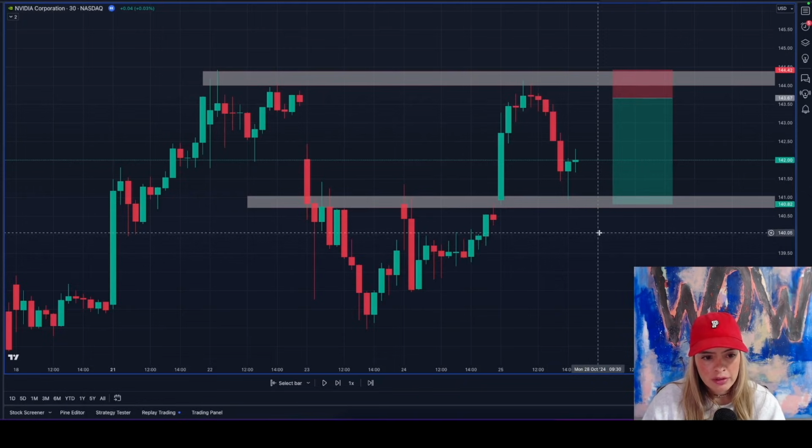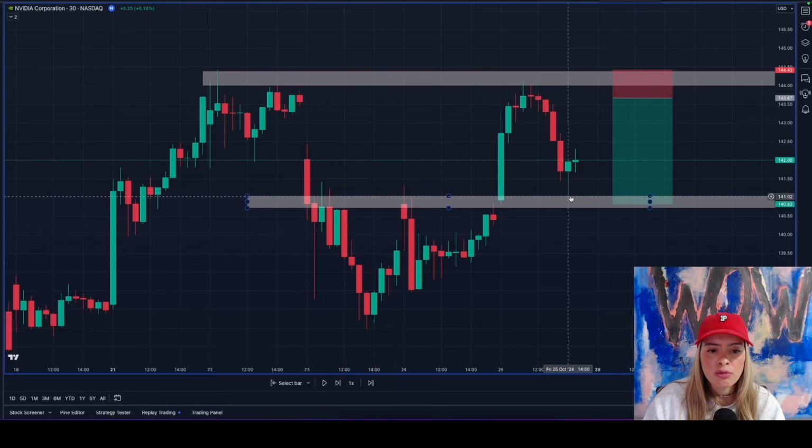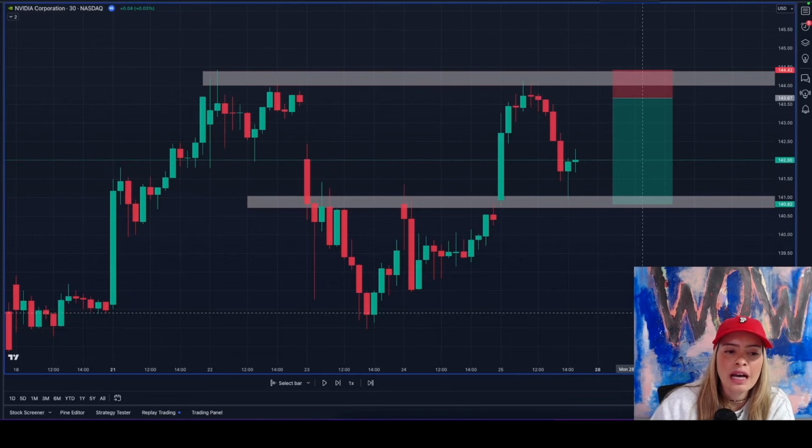For me, it doesn't matter if it is red or green. If I see a wick, I need to pay attention that that level is important, right? And if we have this hammer here, most likely we're either gonna change direction or we're gonna have a strong bounce, right?